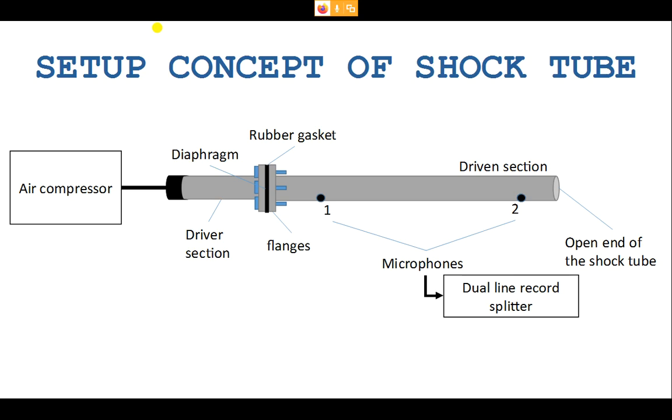And you find a coupler in between these two tubes, which is held tight by bolts, and in between that you have rubber gaskets, and between these rubber gaskets you have a diaphragm. The left side chamber, which is the high pressure chamber, is connected to an air compressor, from which high pressure gas can be stored inside.